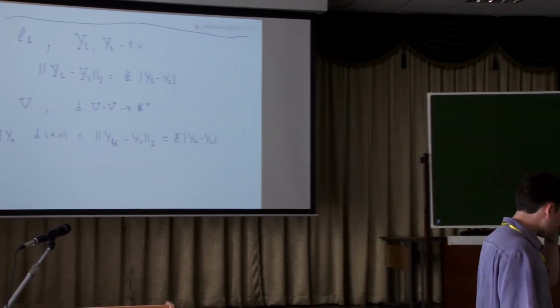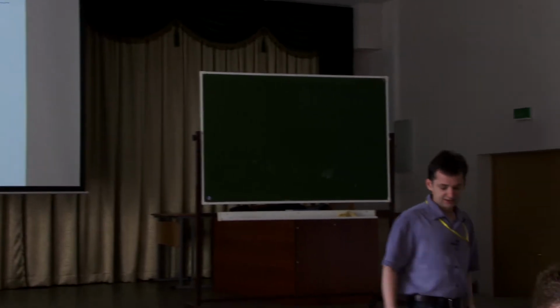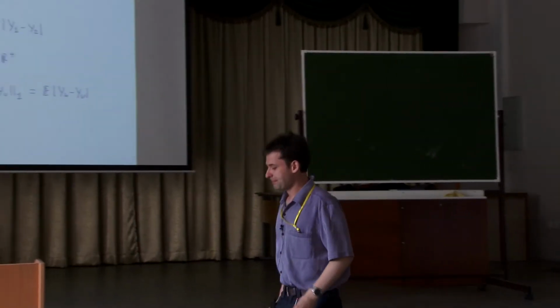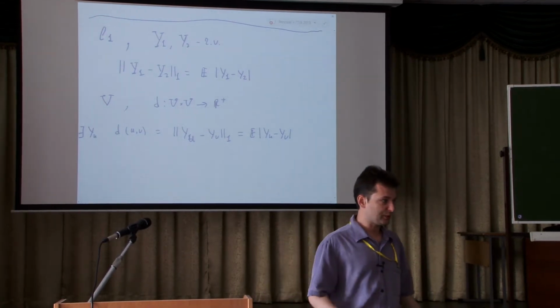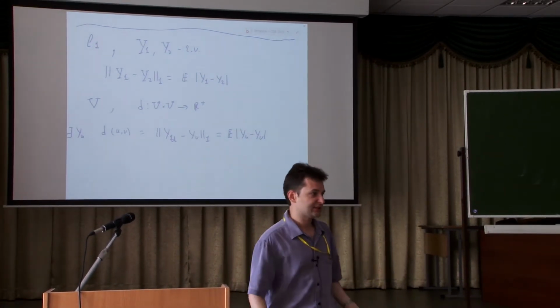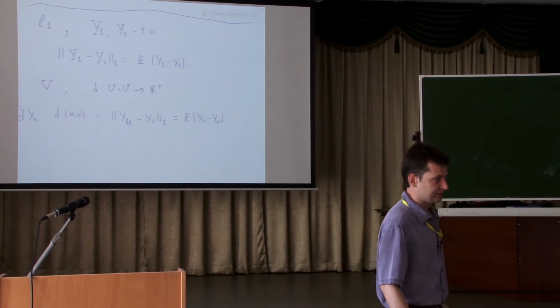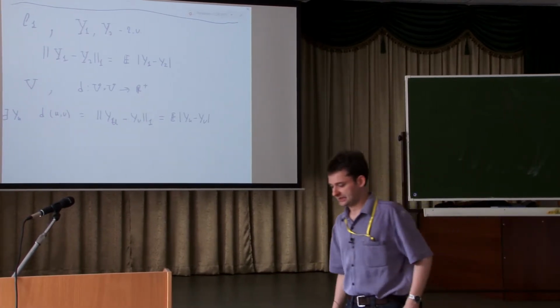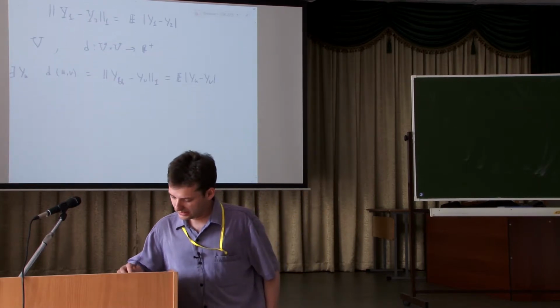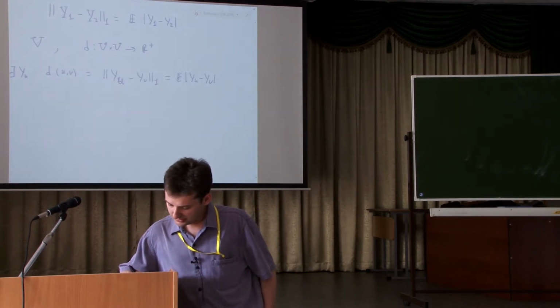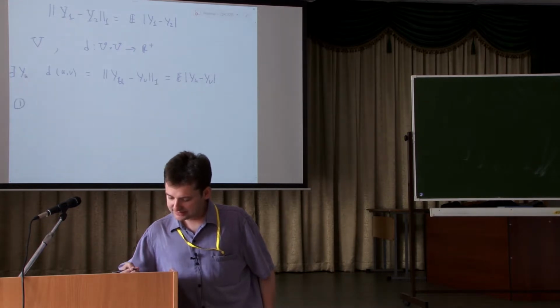So what's the relation between L1 spaces and distributions of cut metrics? We'll see in a moment that this is essentially the same thing up to scaling. It's easy to see.